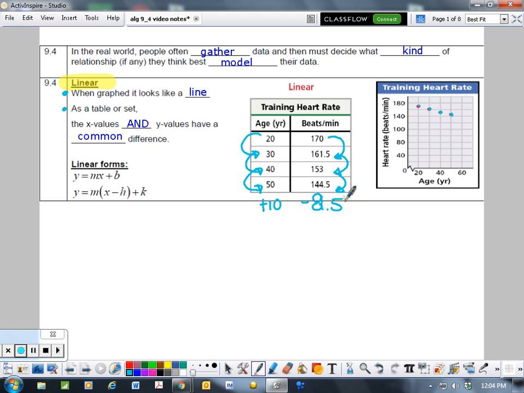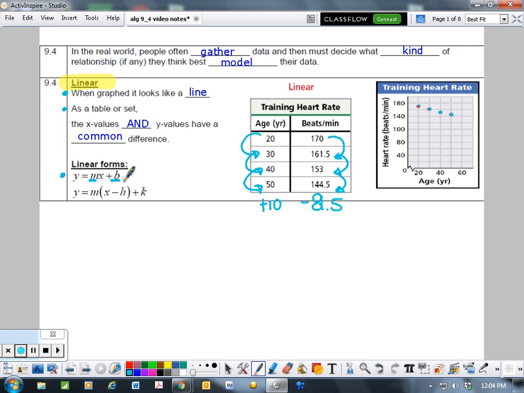Now, once you know it's linear, how do you write a representation of that? We have two different linear forms. We have slope-intercept form, where y equals mx plus b, m being our slope and b being our value on the y-axis, which we don't always have, so that's not always helpful.